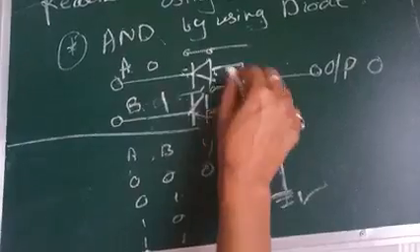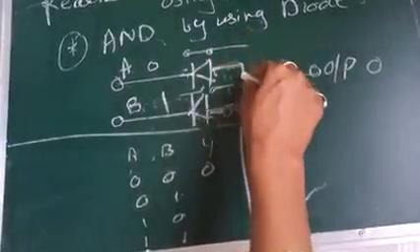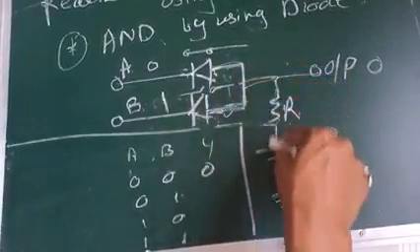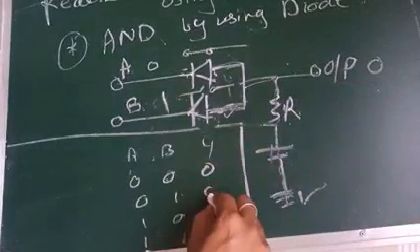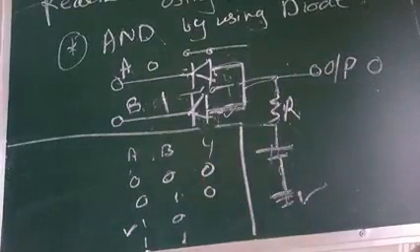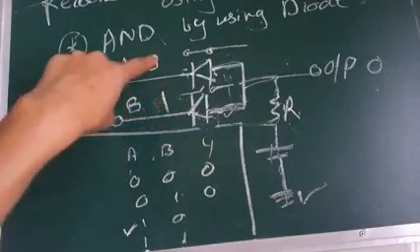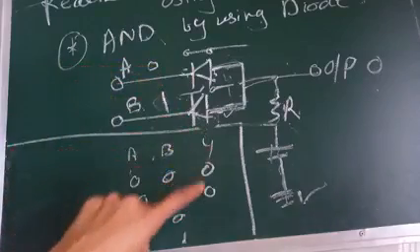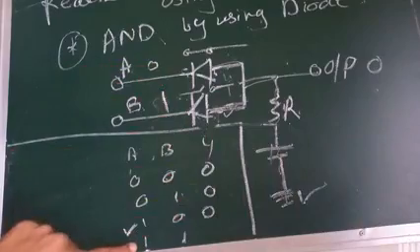This is closed, this is open, so the current will flow through the diode and it is grounded. Hence across the output you have 0. A similar action takes place for the third condition, where A is 1 and B is 0. In this case, in the same way, the output is 0.